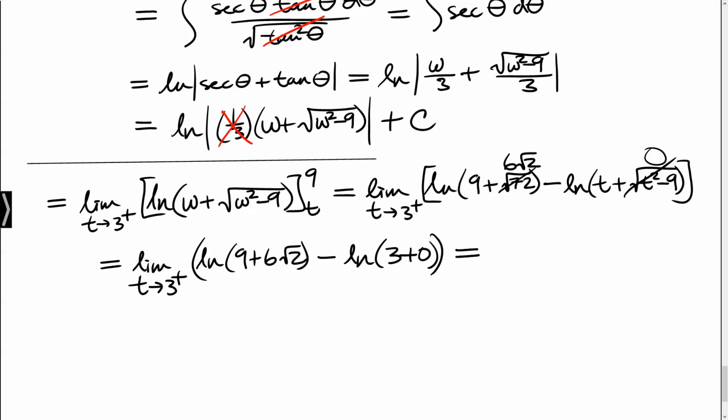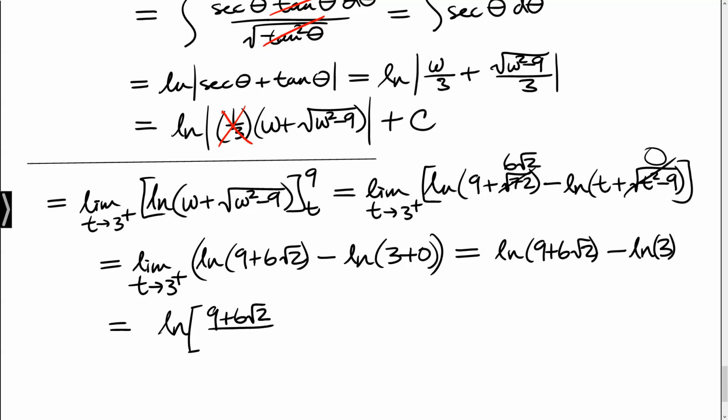So that means there's no limit now. It's just a number. So it's natural log of 9 plus 6 root 2 minus ln 3, which if you left it like this, honestly, I'd be very happy. But we can do a little cleanup because these are logarithms. We can put it together as 9 plus 6 root 2 all divided by 3.